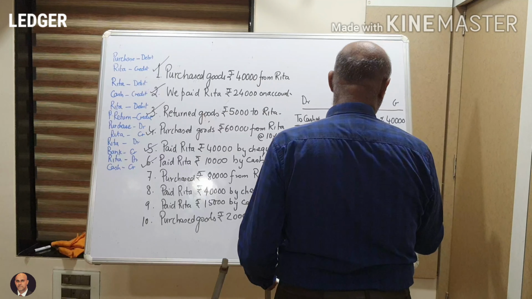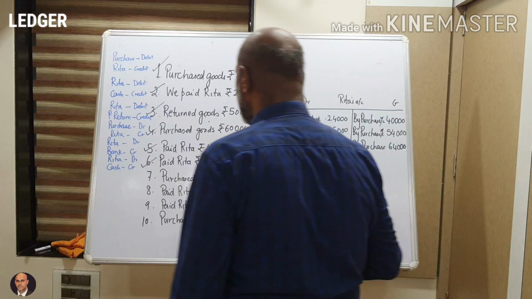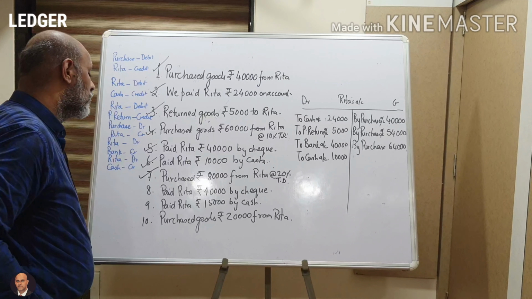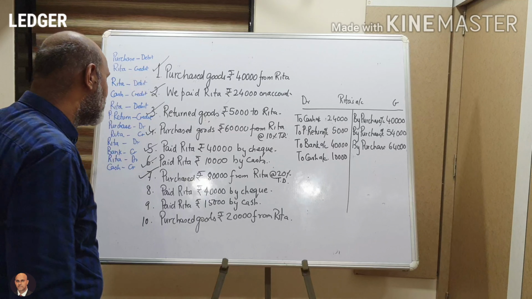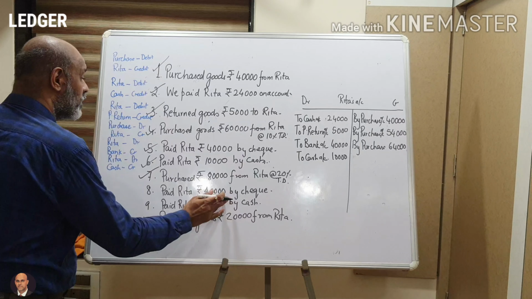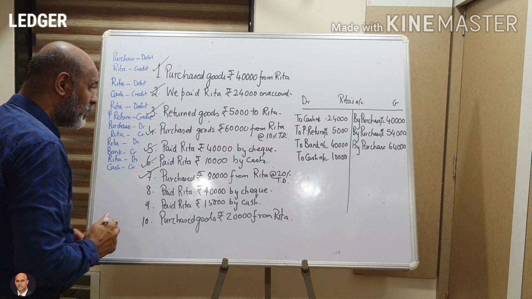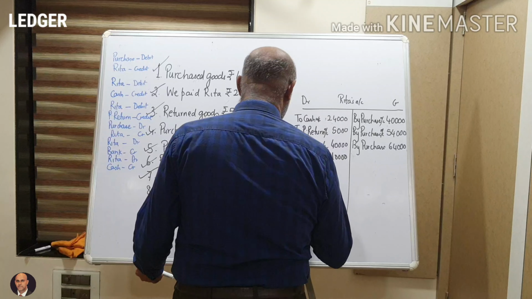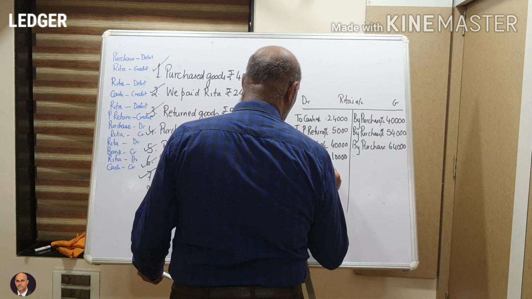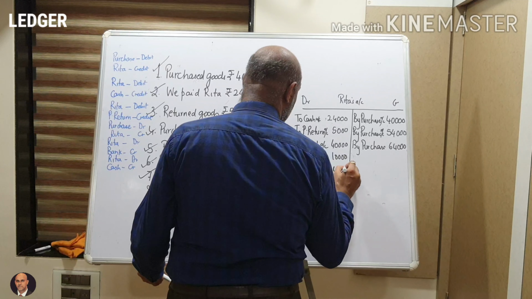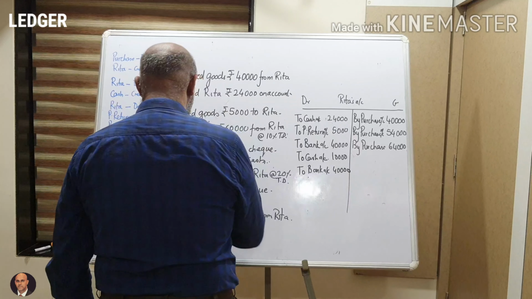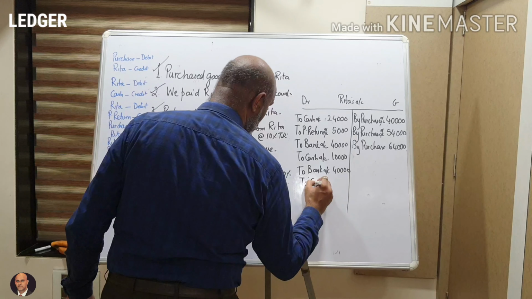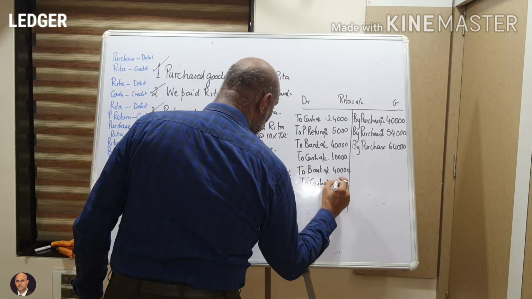Next, paid Rita by check. So Rita and bank. I have to just go on the debit side and write to bank, and the amount will be 40,000. Then paid Rita 15,000 by cash. So to cash 15,000.